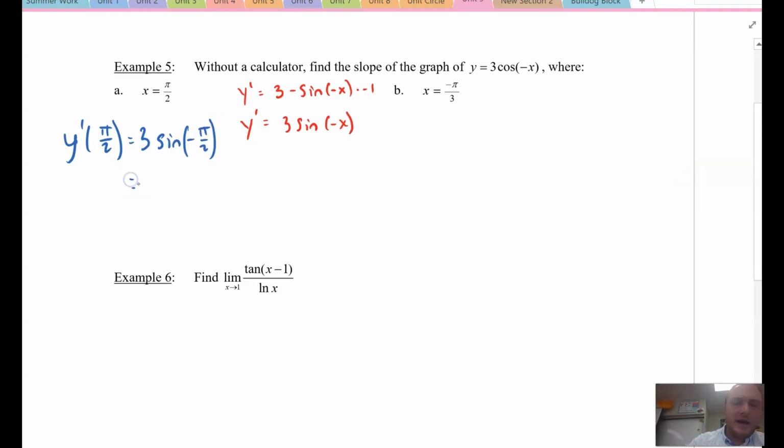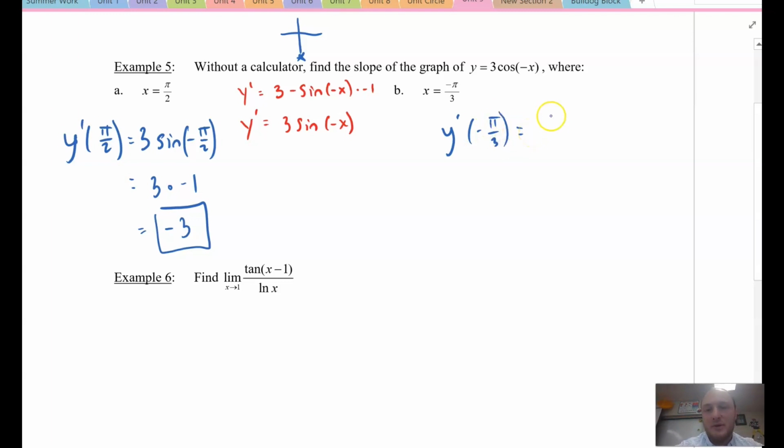If we're thinking unit circle here, that is right here, and the y value there is negative 1. So 3 times negative 1, which is negative 3. And there's your answer.